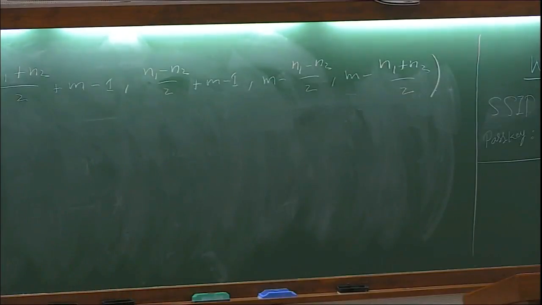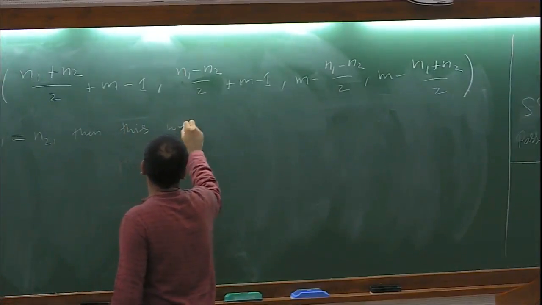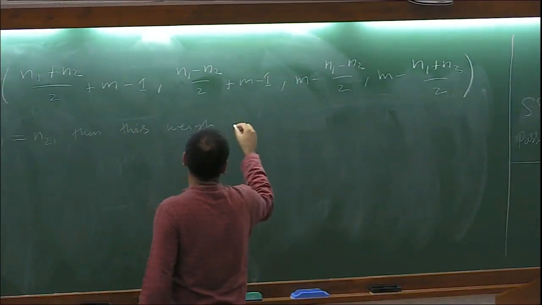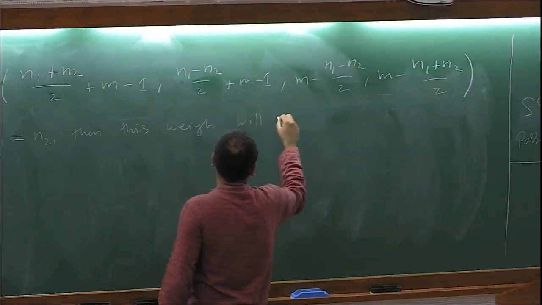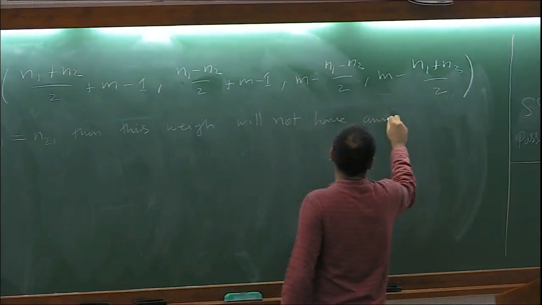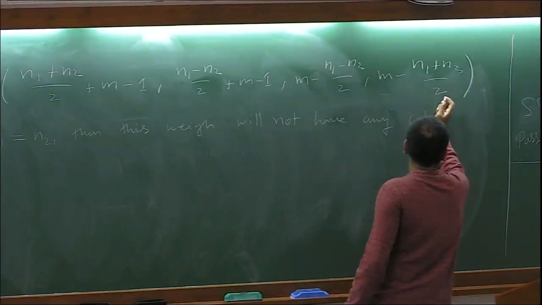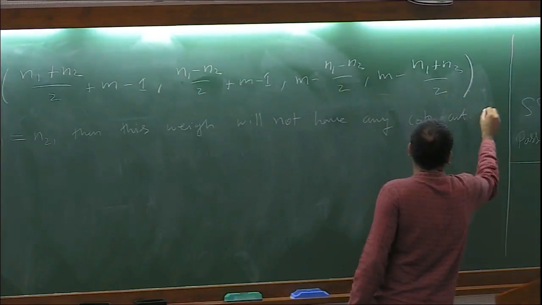So you cannot allow N1 to be equal to N2, since this weight will not have any homological automorphic forms.